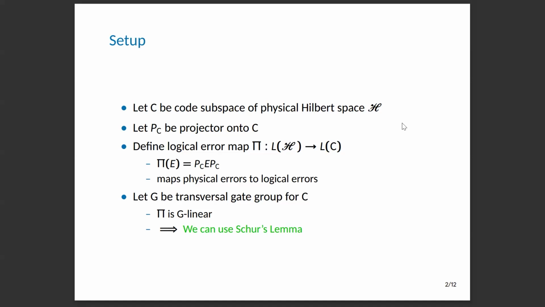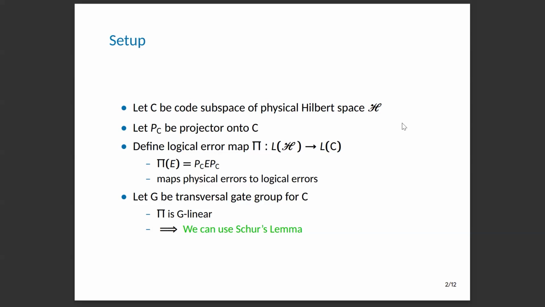And that's like a bunch of words, but the fact that we have that structure means that we can use Schur's lemma to learn a lot of things about which physical errors must be mapped to 0 in the logical space. So that means a physical error that is mapped to 0 in the logical space is always detectable, because that means it's taking a logical state and mapping it to something that is totally orthogonal to the code space. So you can just measure and immediately know that this error has totally taken our data somewhere else, and therefore it's been corrupted.